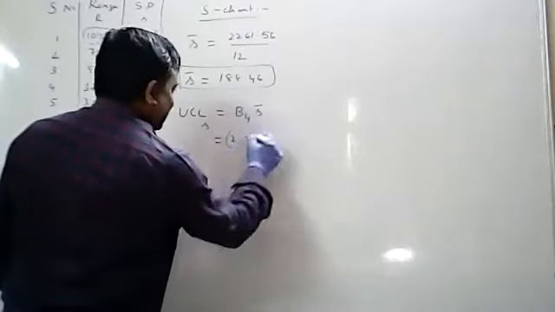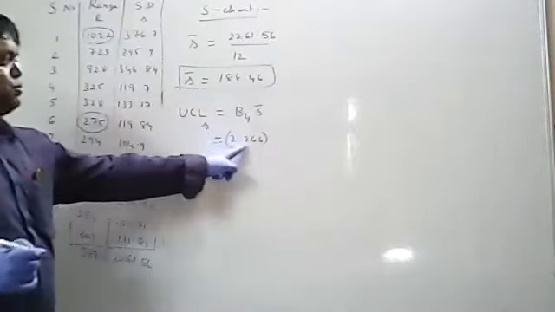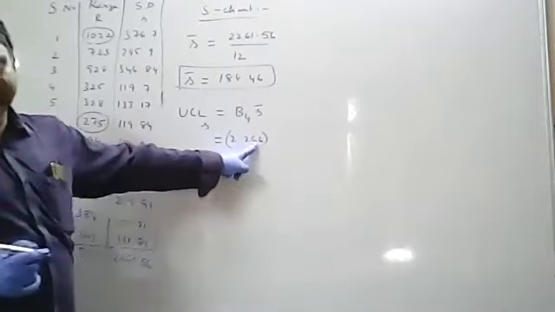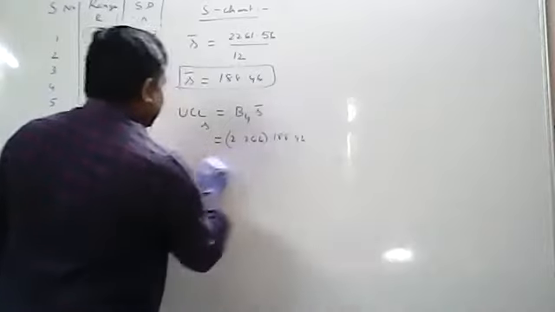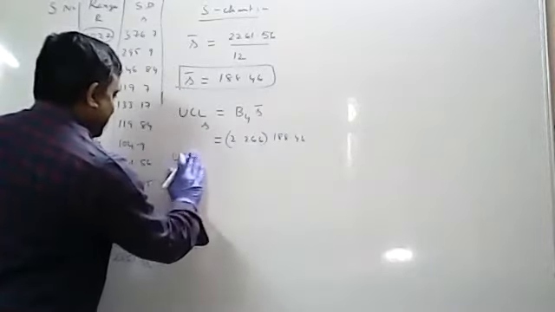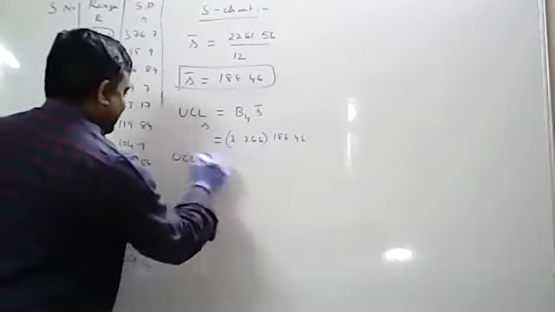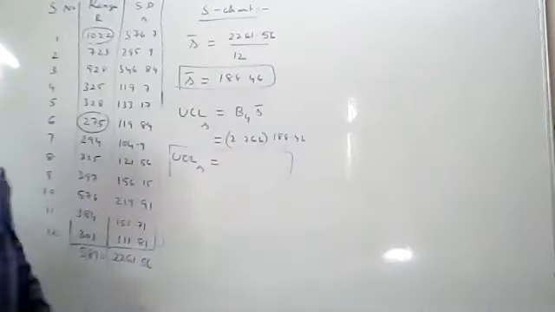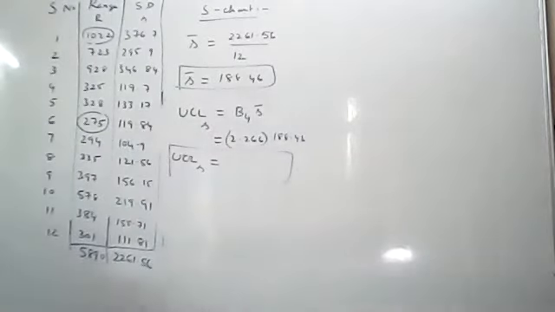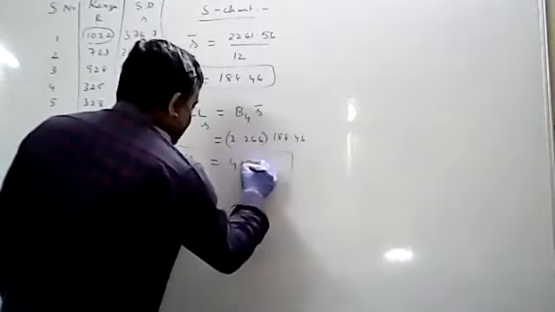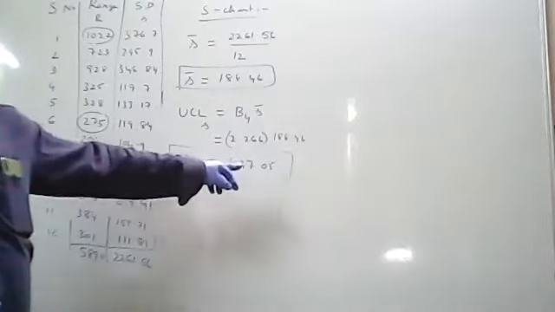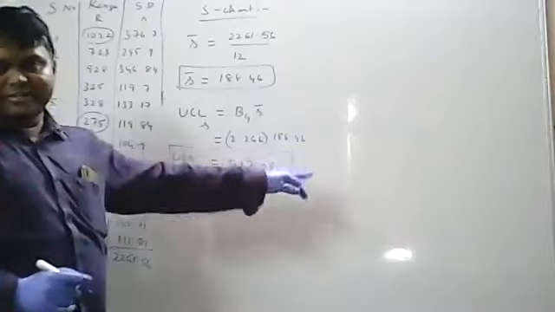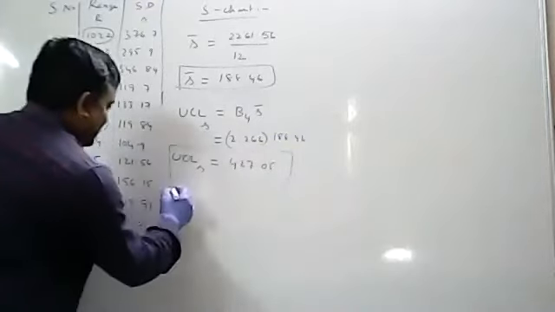Multiplying by the S bar value of 188.46, UCL_S is 427.05. For manual calculation, one place after the decimal is enough, so I will take 427. Next, UCL is completed.